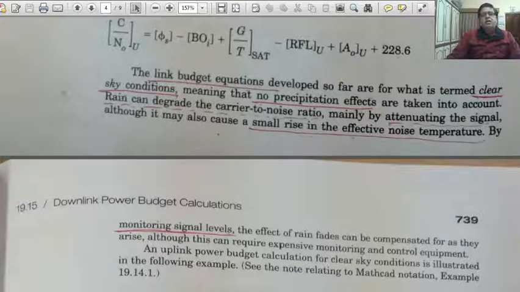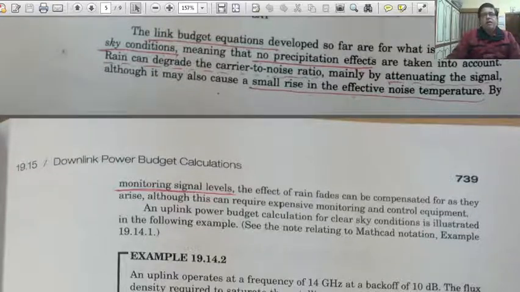The link budget equations developed so far are for what is termed clear sky conditions, meaning that no precipitation effects are taken into account. Rain can degrade the carrier to noise ratio, mainly by attenuating the signal, although it may also cause a small rise in the effective noise temperature.